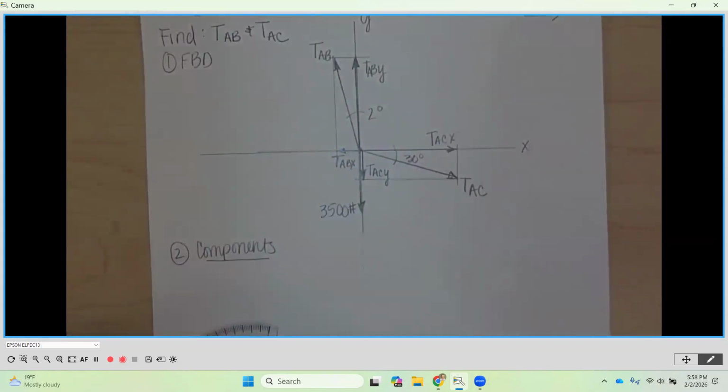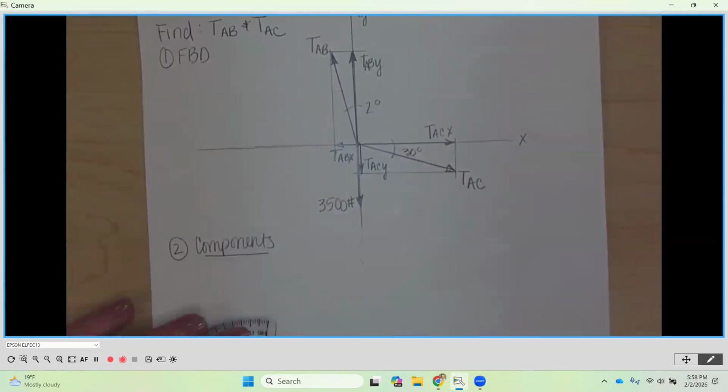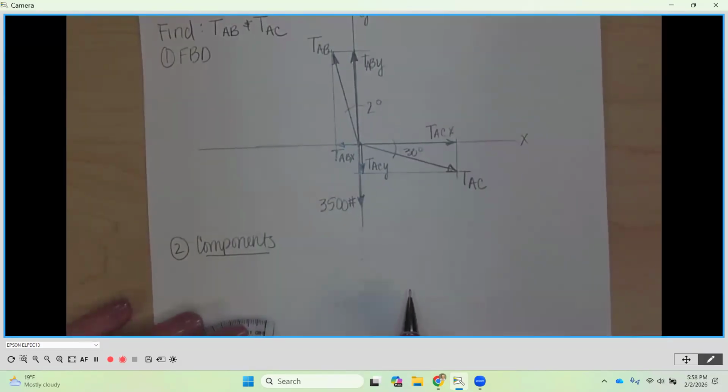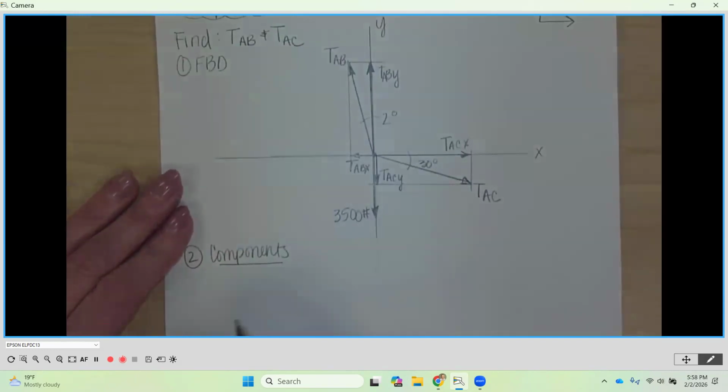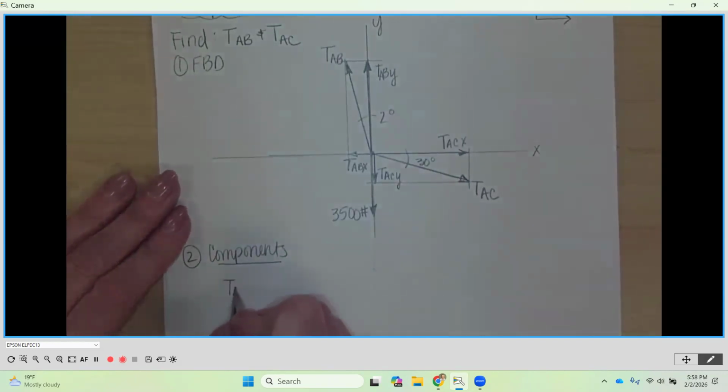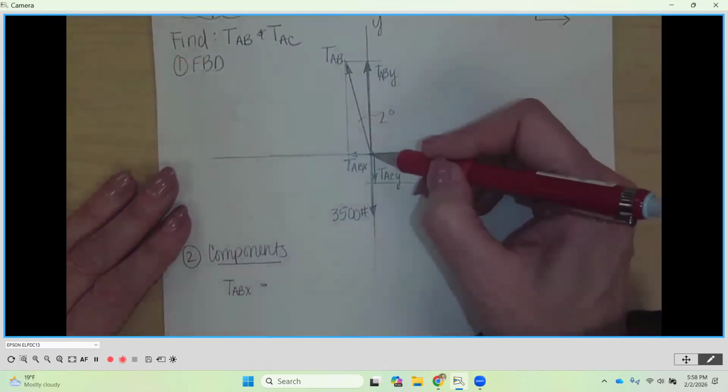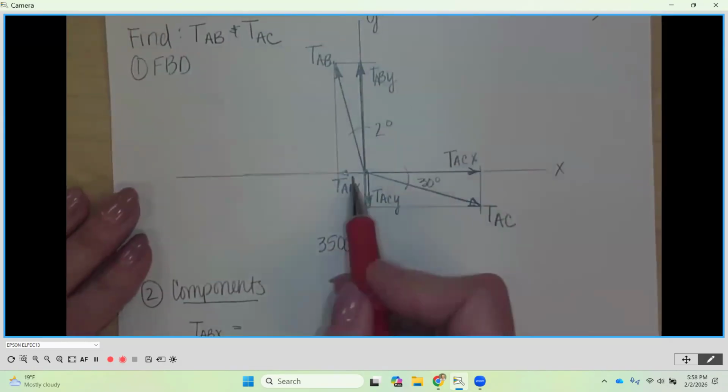Once we have all of our X and Y's drawn and labeled, we're now going to calculate them down below. I'm going to start with the tension in AB. The tension in AB, the X component, is going to be equal to, if I look, this X component is right here.